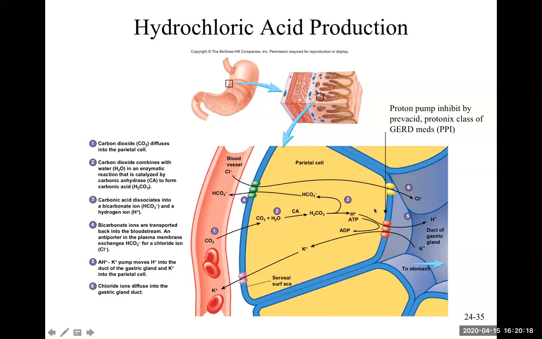So it's a more efficient way of dealing with GERD. Now, Tagamet is an antihistamine. So they stop histamine from activating this pump. But there are other ways to activate it. So it's not as strong of a medication as a PPI. PPI stops this pump completely.